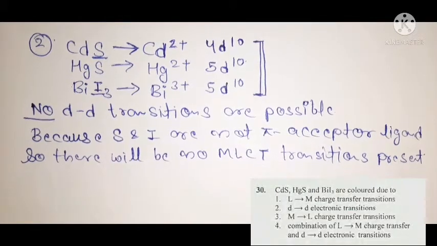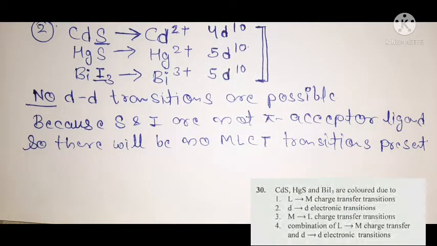So on the basis of this conclusion, your option number 3, which says metal to ligand charge transfer transitions, will also be cancelled out. Ultimately we have only option number 1, which states ligand to metal charge transfer transitions. We cancel out all the rest of the 3 options.